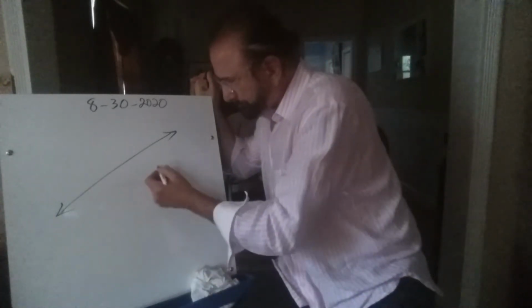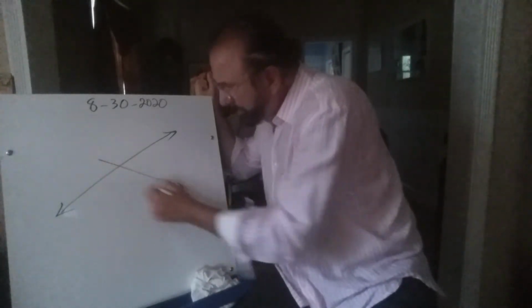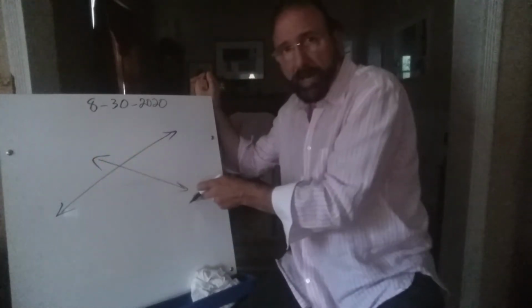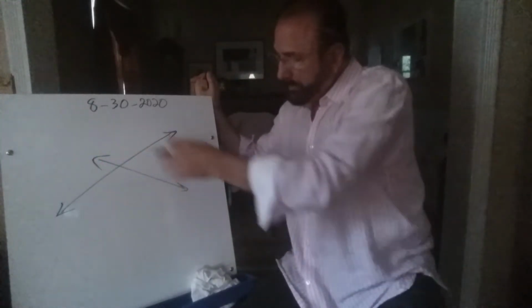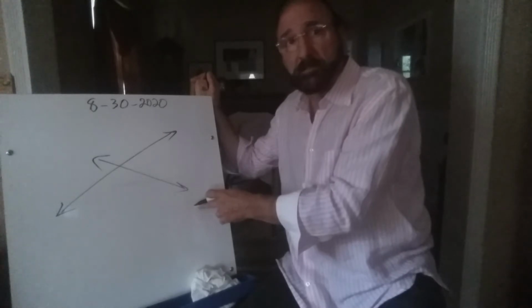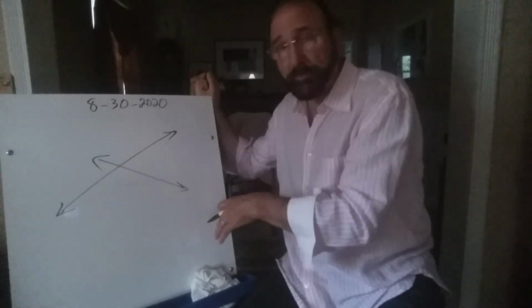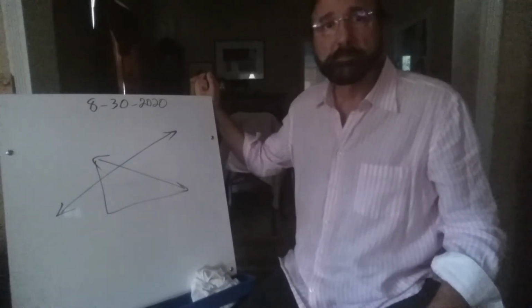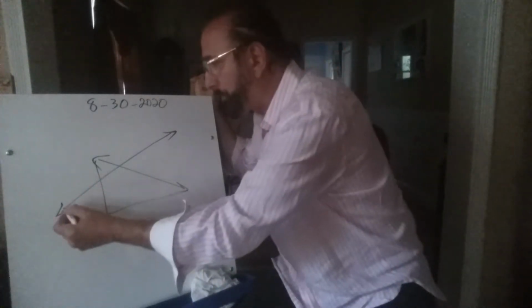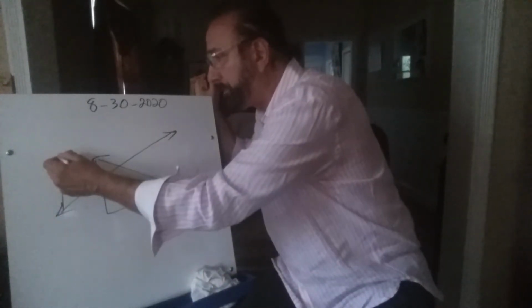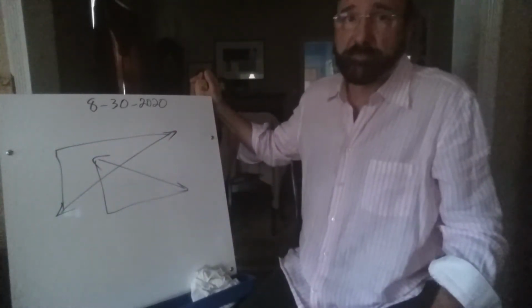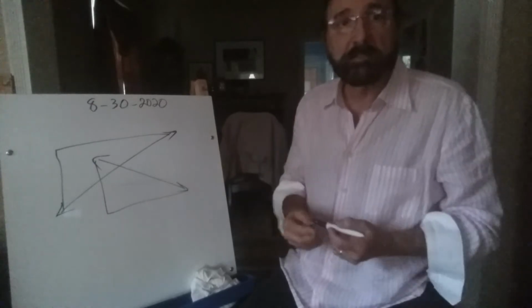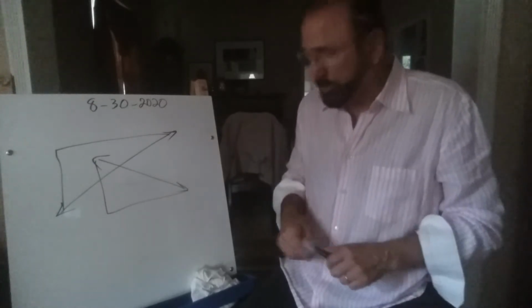If it's going down from left to right, remember I've got to say from left to right, that's a negative slope. It's going down. Over here you're going up, that's positive, and to the right that's also positive. So that is a positive slope.